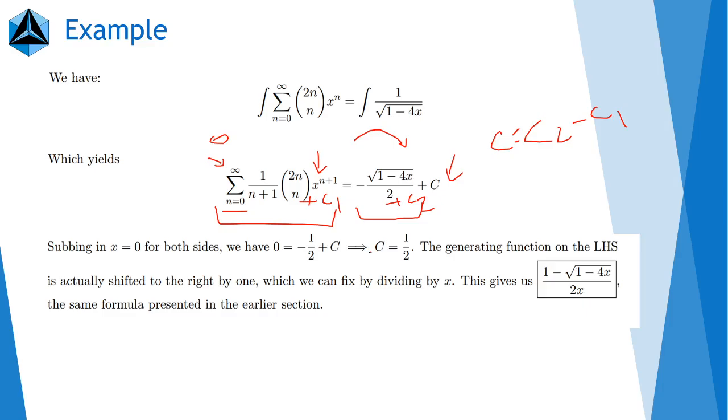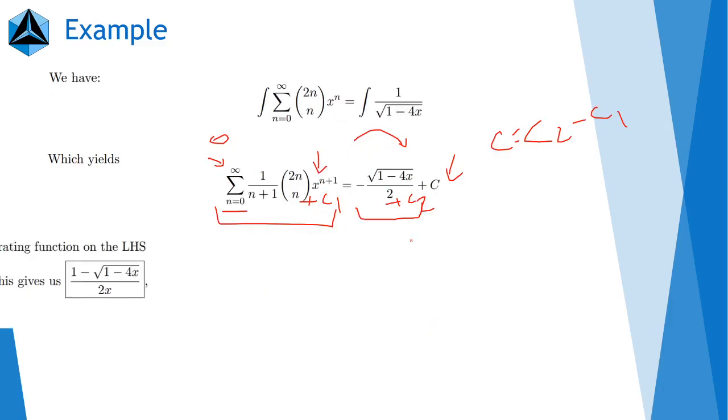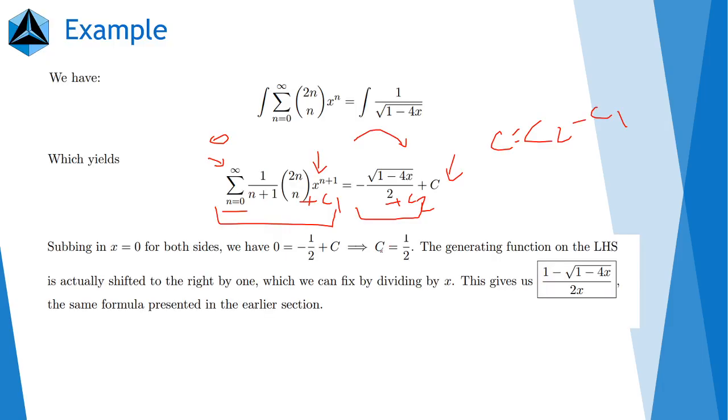So the generating function on the left-hand side is actually shifted to the right by 1. That is, there's a difference. If you go back here, this has an x to the n. Oops. This has an x to the n plus 1. So we actually have to divide by x.